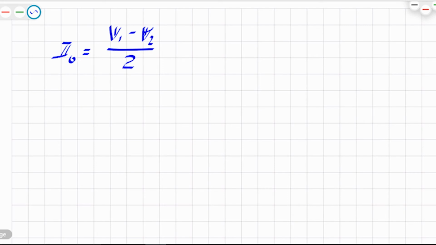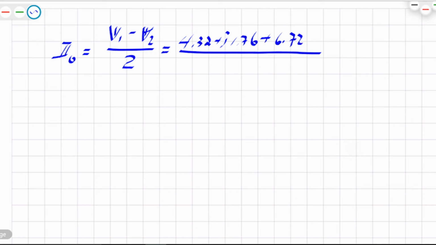Now, V1 and V2, both voltages we have in rectangular expression. So we're going to use the rectangular expression because we're doing addition. So V1 is 4.32 plus J1.76, where V2 is negative 6.72, so that's plus 6.72, and then minus J7.04, and divided by 2.